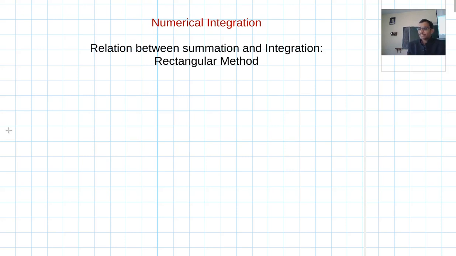So first of all, let me describe what the simplest meaning of integration is.